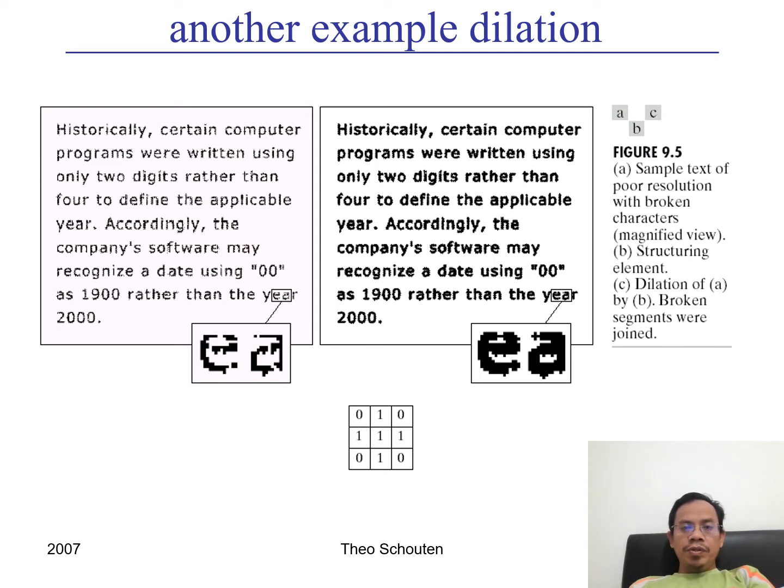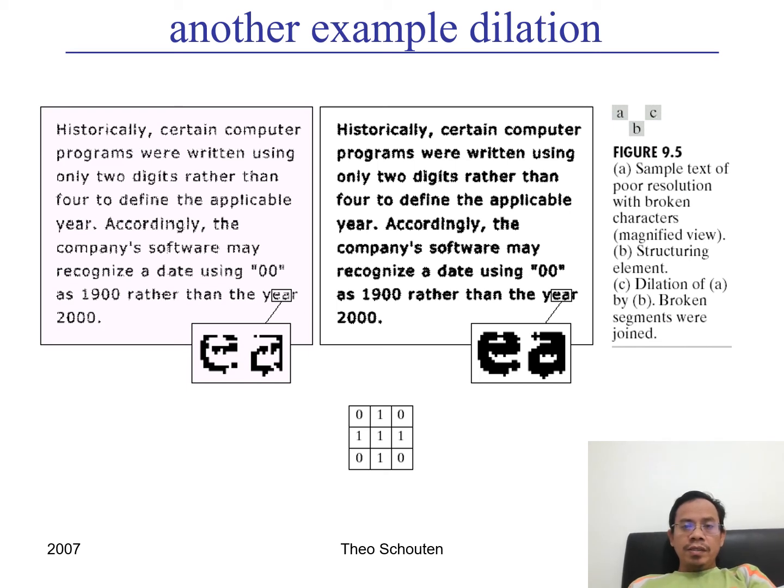Historically, certain computer programs were written using only 2 digits rather than 4. So this is the old text, or maybe it's not old, but there are broken words here.